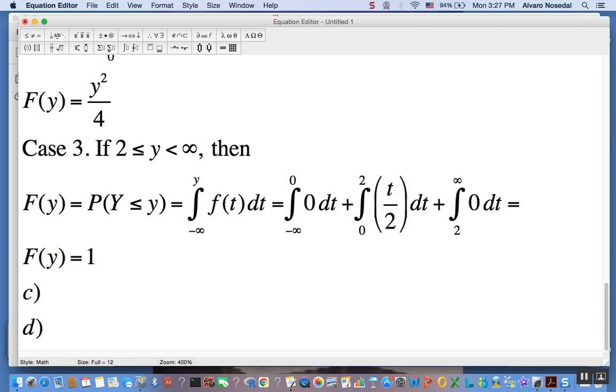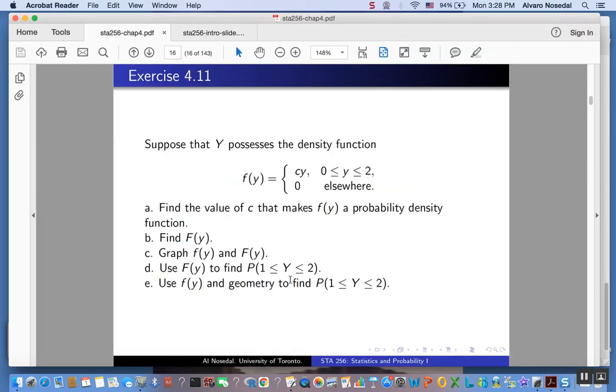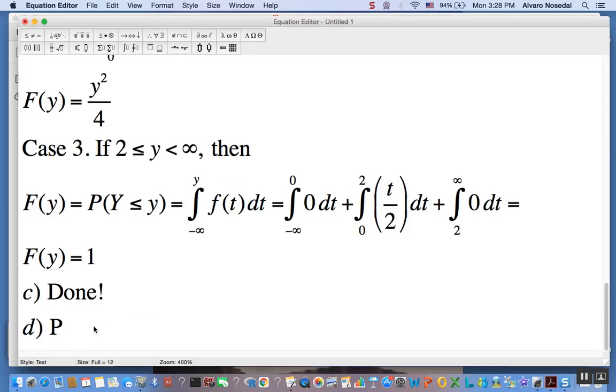Those graphs, done. Part D, what we want is the probability that y is between 1 and 2. Let me just double check. Yes, between 1 and 2, less than or equal to, so y is between 1 and 2, including both 1 and 2.